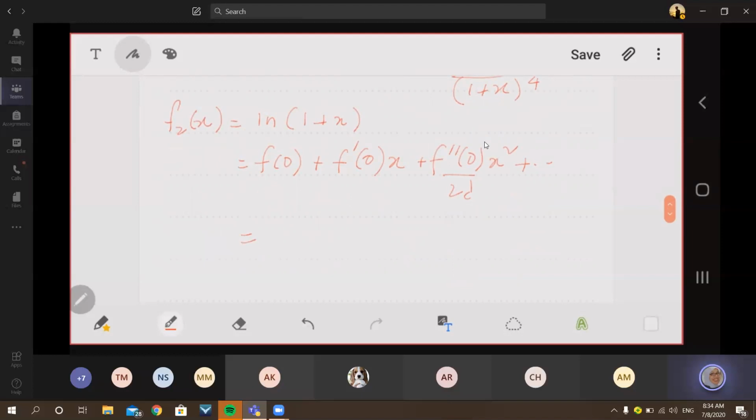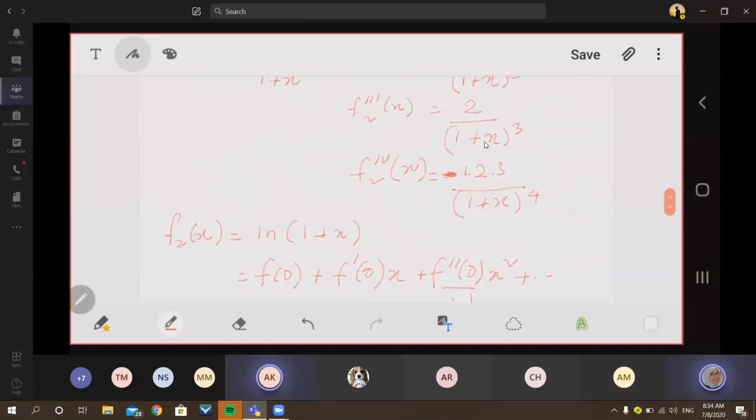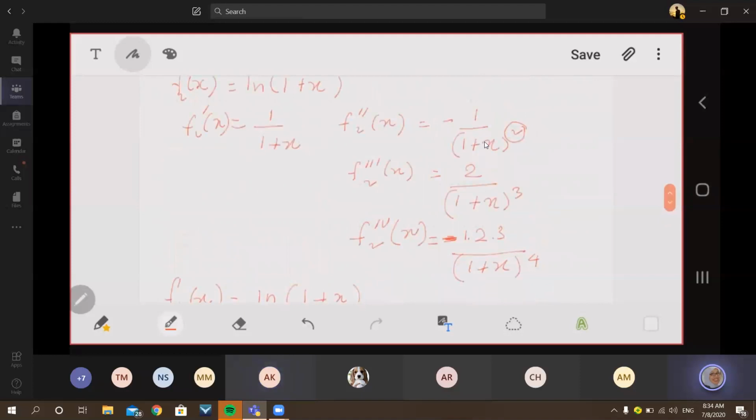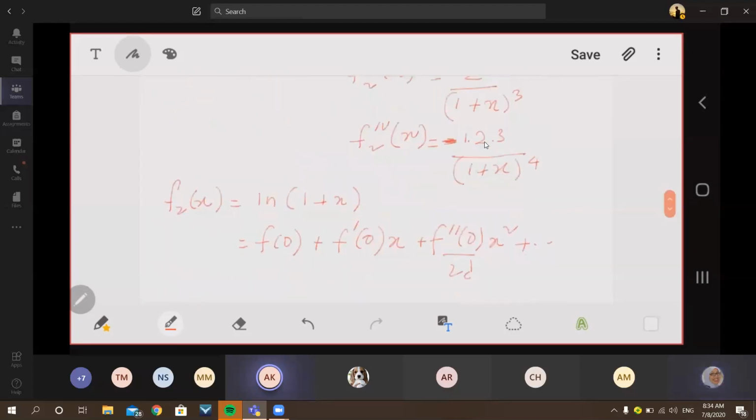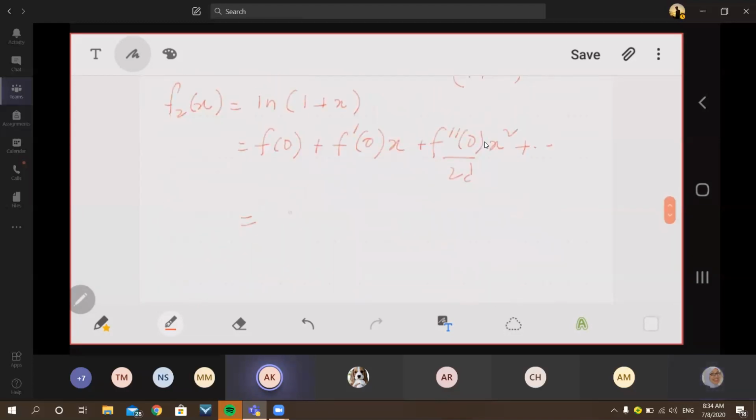Ln 1. 0, right? Yes. Okay. F prime of naught. You put naught. 1. Okay. So x. Right. Yes. Okay. What else?